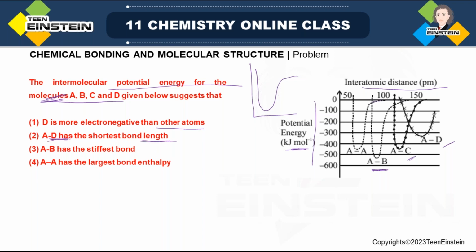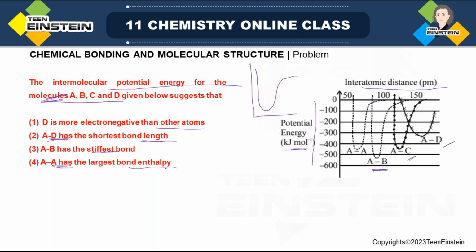Then the third statement: in the case of AB, that is the stiffest bond, a tight, stable bond, and AA has the largest bond enthalpy. Bond enthalpy means, remember in the last slide, that was the bond energy for hydrogen, around 436, right? So the same thing: in which case the bond enthalpy is high, it is saying that it is maximum for AA.